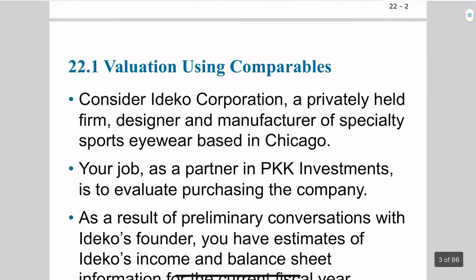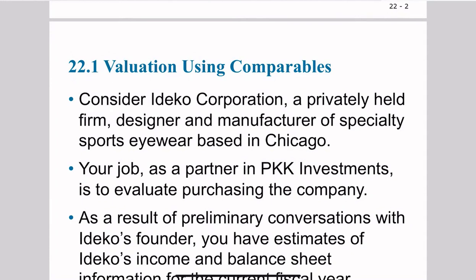Okay, now let's think about the simple valuation technique, that is using valuation ratios. Let's see the example here. We consider Idaho Corporation. Let's assume it's a private firm. This firm is a designer and manufacturer of specialty sports eyewear based in Chicago.